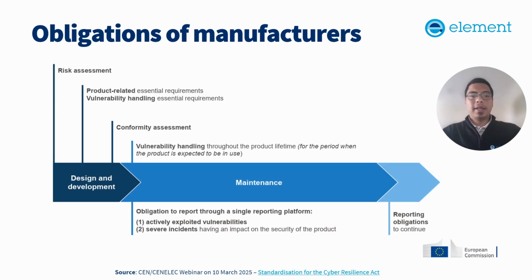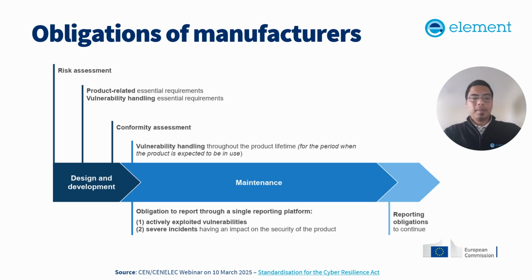Now, I quite like this slide, which sets out the general obligations of manufacturers with respect to a particular product with digital elements, and places where these obligations around reporting fit into that. So along the top of the image, we can see a classical layout where we have the design and development of a product.